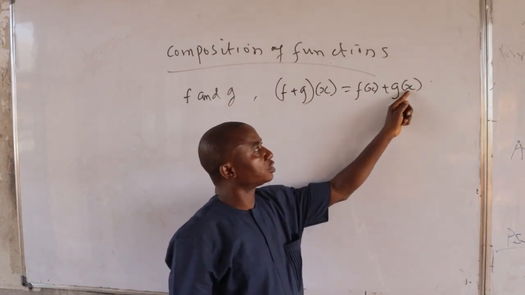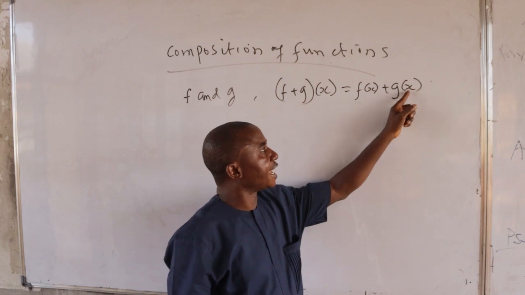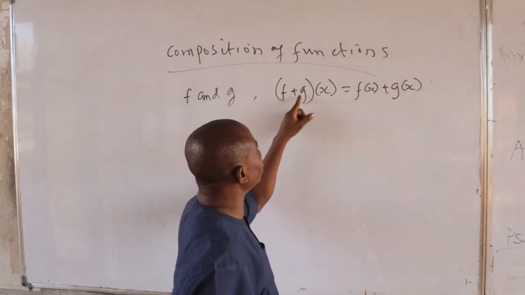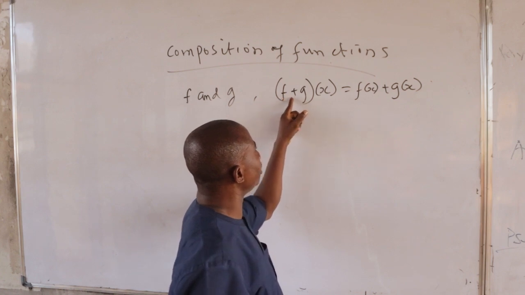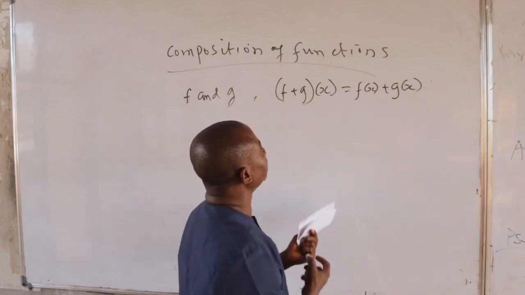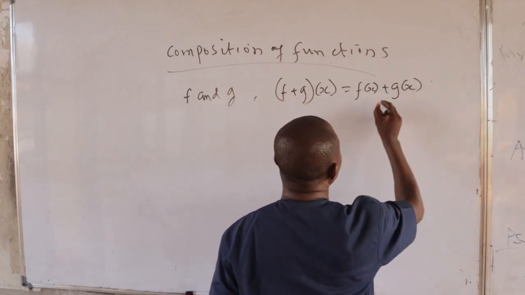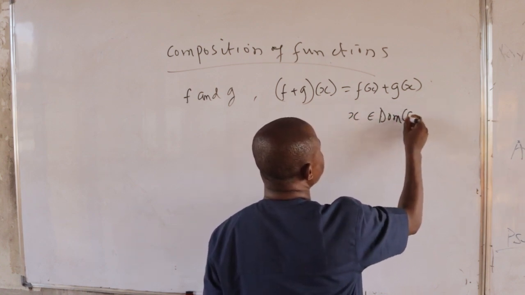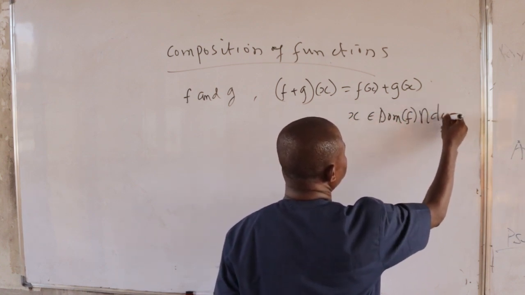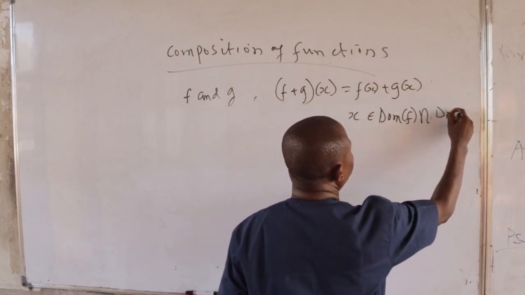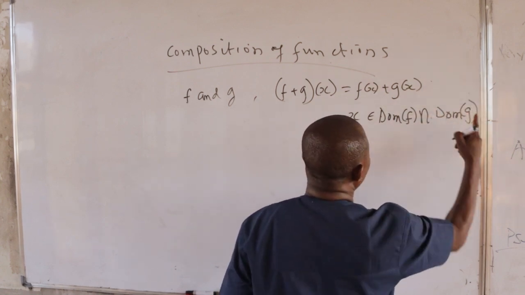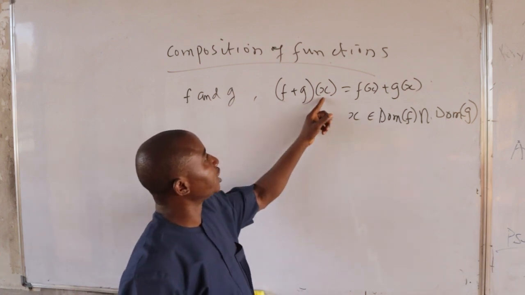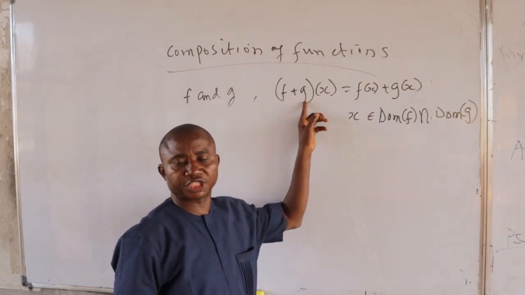We are also talking about g of x, meaning x is an element of the domain of g. So for f plus g to make sense, x must be an element of the domain of f intersection the domain of g.